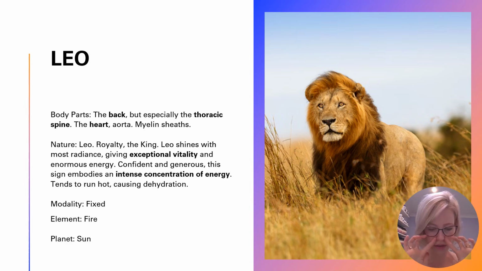I've known some Leos to have scoliosis and such if their Leo placement is affected badly. So it's really the heart and spine there. It is a fixed sign, so Leo can be quite stubborn and stuck in its ways and not willing to change. Leos can be some of the hardest people, as a practitioner, to get to change certain things. Element fire, they're a fire sign, and they're ruled by the sun.